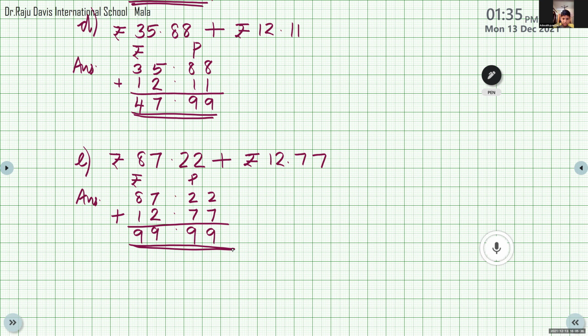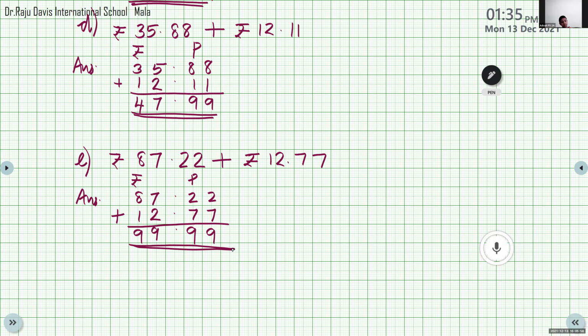Then we can start subtraction next day. See, we have only 4 more minutes. Ma'am, can you give one question? Do you want one more addition? No, subtraction. Then you can take a new page and write at the top, subtraction of money.